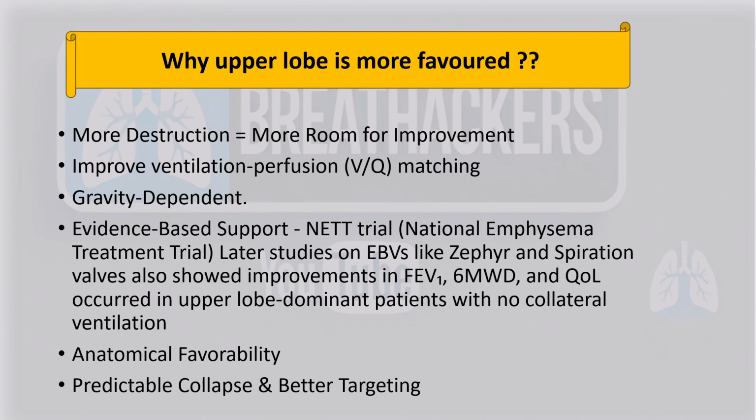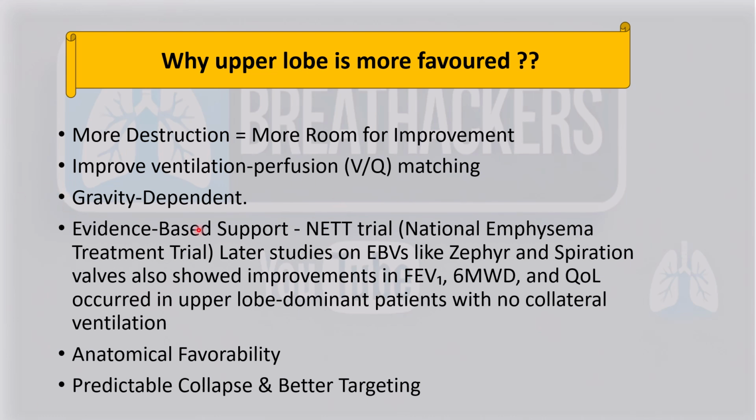Basically, the upper lobes, if they are affected, contribute very little to the gas exchange and are more of dead space and hyperinflation. So if we collapse them via endobronchial valves, they will actually reduce the total lung volume, allow the healthier lower lobes to re-expand, and thus improve the VQ matching.